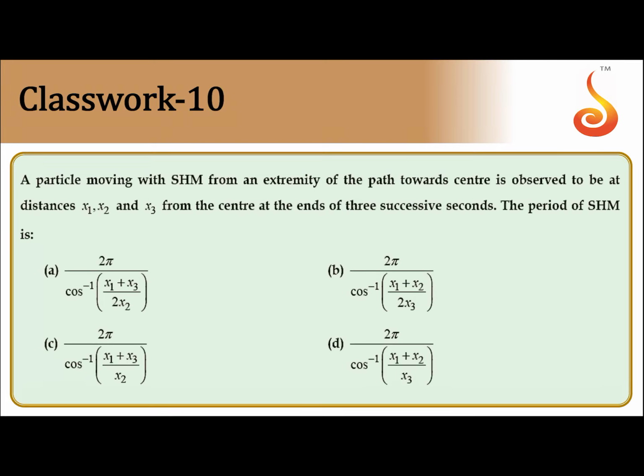Next one. A particle moving with SHM from an extremity of the path towards the center is observed to be at distances x1, x2 and x3 from the center at the ends of 3 successive seconds. The period of SHM is, okay. So now let us consider this. You know, it starts from extreme position.